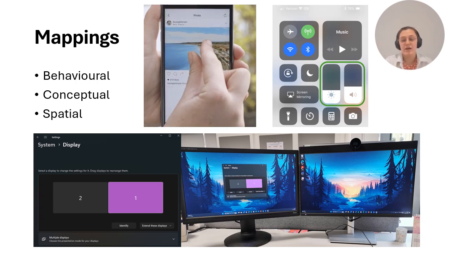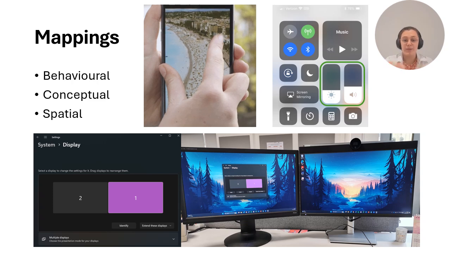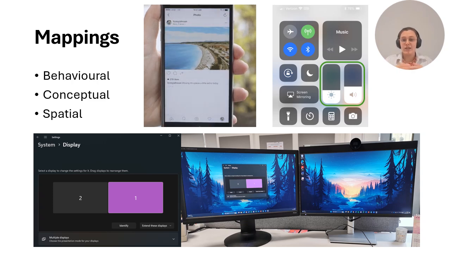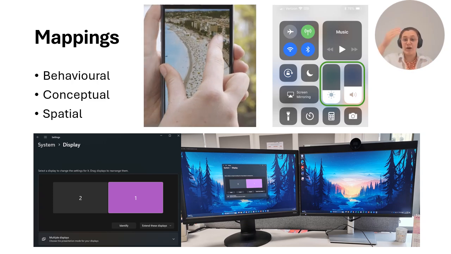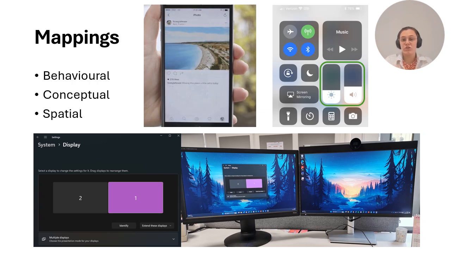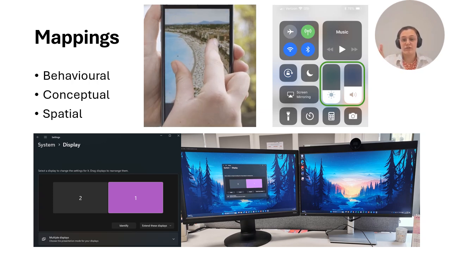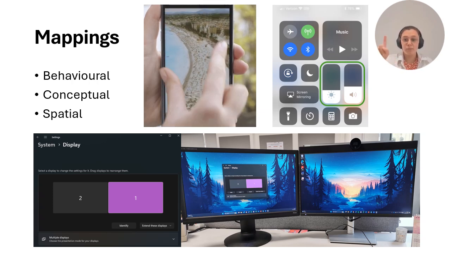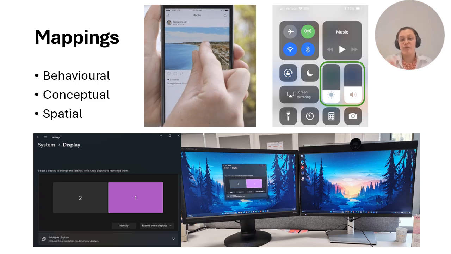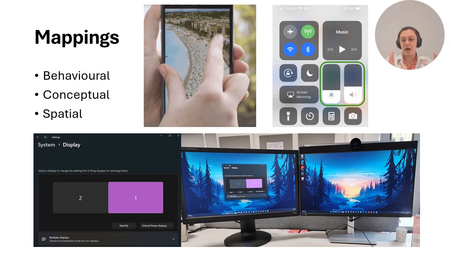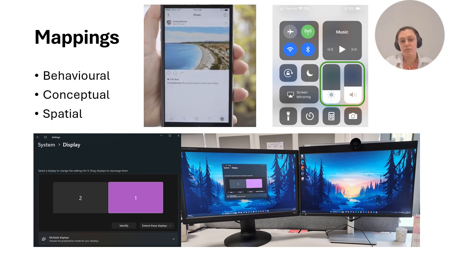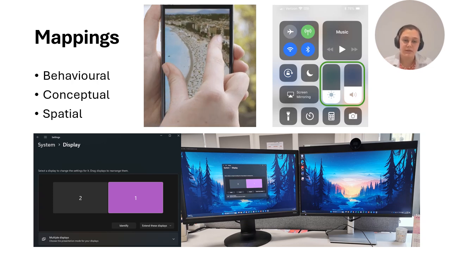And you can see that there is a spatial mapping. And if you had a screen that was above or below, then you could drag those boxes and move it so that it represents the layout of your screen. So that's one example of spatial mappings.